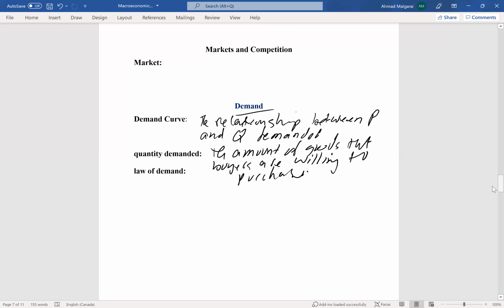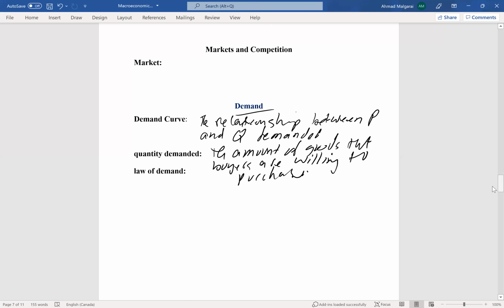One important determinant of the quantity demanded is the price of the product. Quantity demanded is negatively related to the price, and this implies that the demand curve is downward sloping.